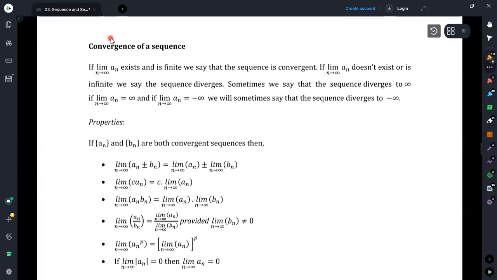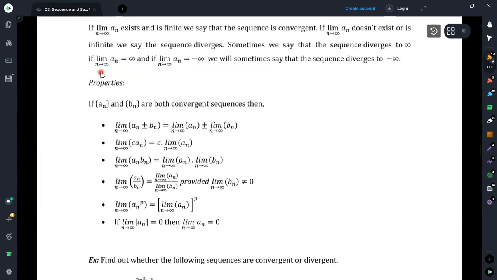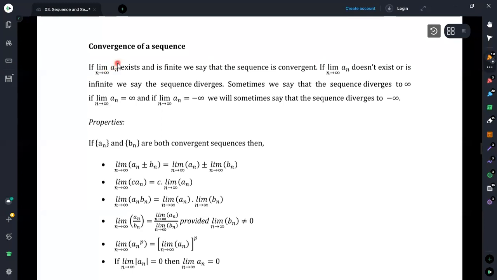Now we will discuss the convergence of a sequence. Suppose that an is a sequence which is given to us, and when n goes to infinity, or simply, if the limit as n goes to infinity of an exists and is a finite value, then we say that the sequence an is a convergent sequence.